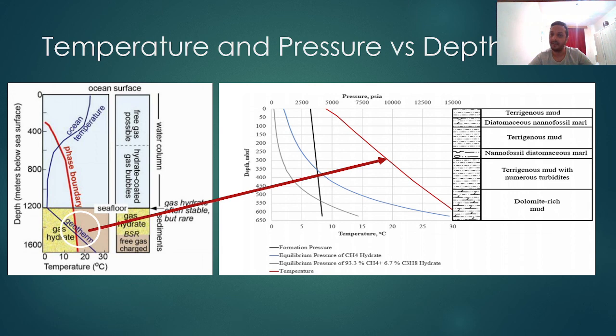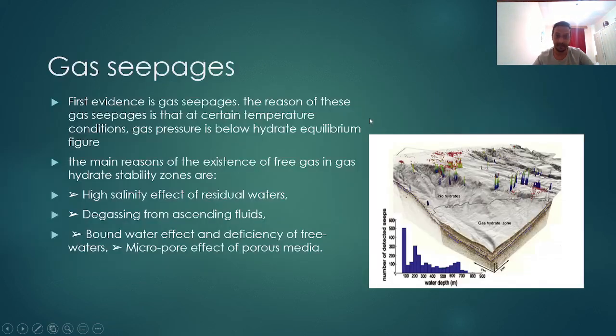This graph explains how it looks, I mean the area where gas hydrate can be formed. I can move on from this slide. So I will talk now about the evidence of gas hydrate in the Black Sea.